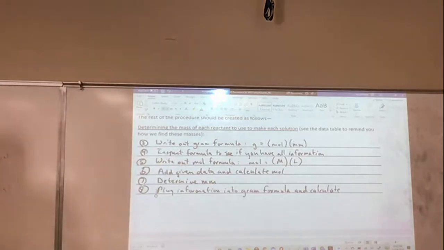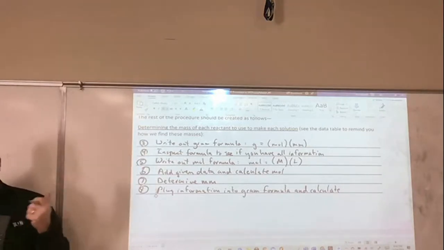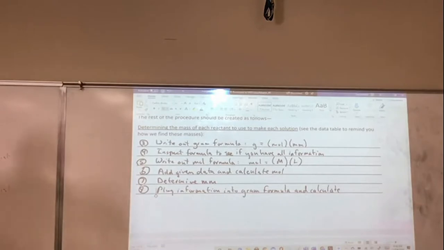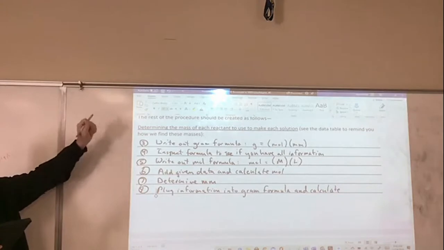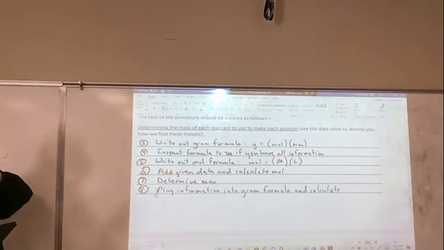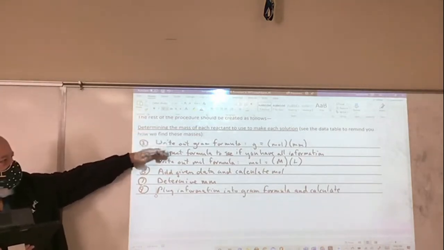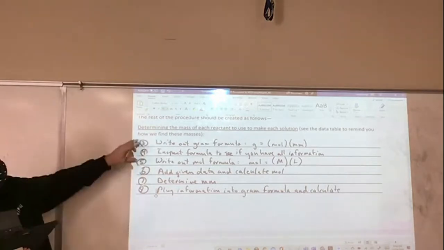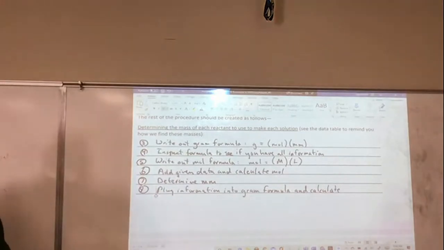One of the things that a lot of people get bent out of shape about when they're trying to start to do something like this is I've got to say it exactly the way Marshall wants it said, or I've got to do this exactly the way that a scientist would say this. All we're doing is saying you're telling the world how to do this. And if you combine these 2 things into one step, if you say, write out the gram formula and inspect it, and that's all you did, then that's fine for that step.